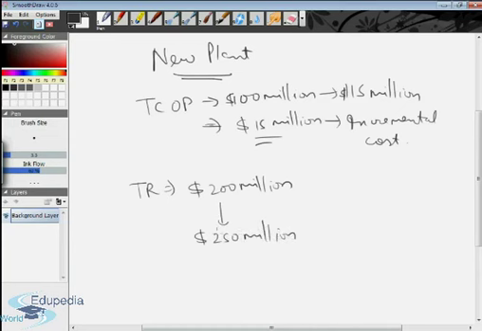So in this case, the difference between the current revenue and the initial revenue is our incremental revenue, which is equal to $50 million.